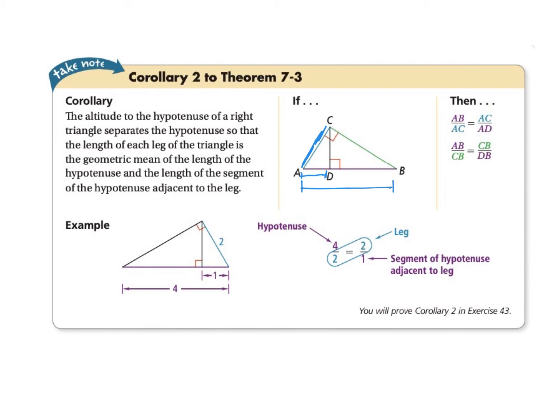Okay, so to set this one up, you have your whole hypotenuse here. This is your leg that's adjacent to the hypotenuse. And this one here is the segment of the hypotenuse adjacent to the leg.